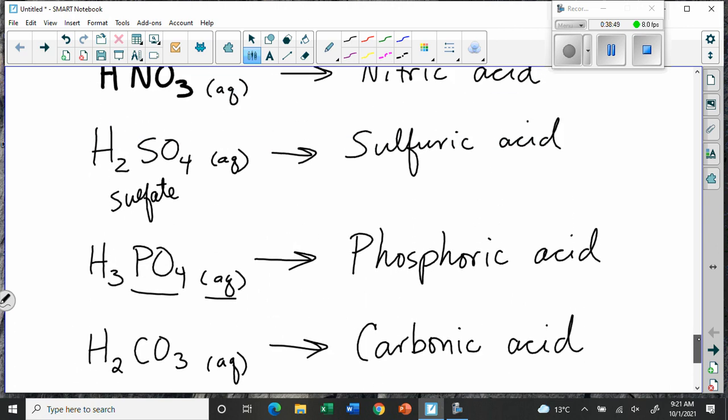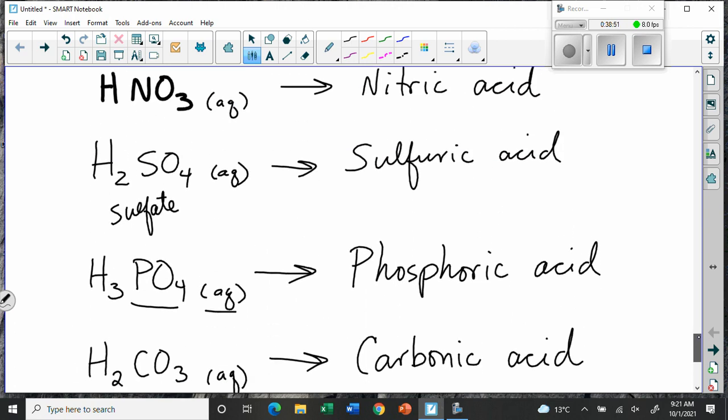So that means that when nitric acid gets put into water, it's going to give up one H plus to make hydroniums, to make H3Os. But look at sulfuric. There's two H's that can come off there at the front. Both of these can be released, and it can make two hydroniums for every one molecule of sulfuric acid. So that's like double, right?